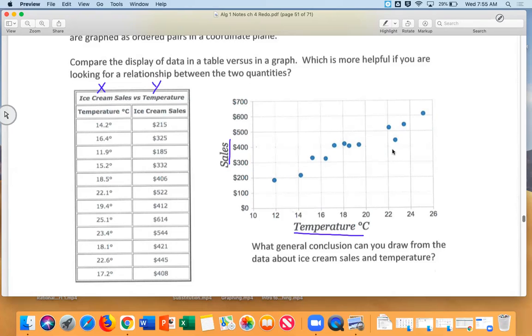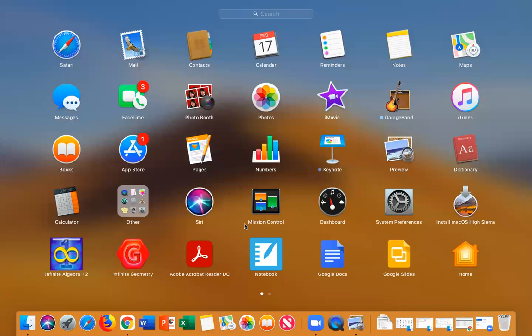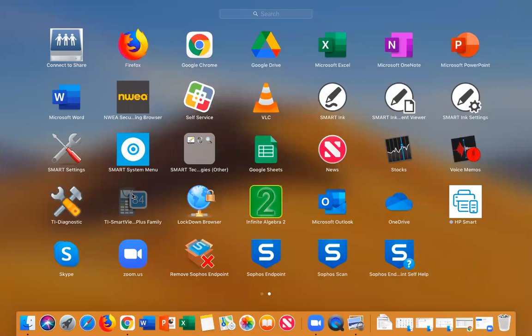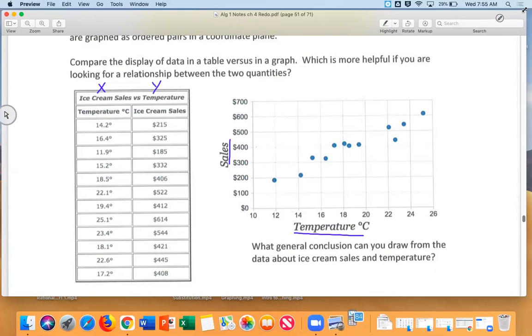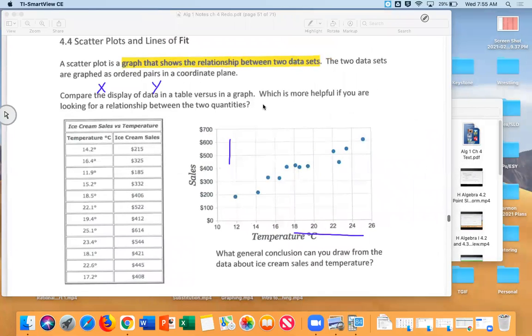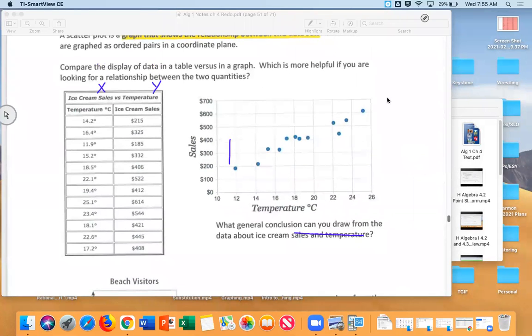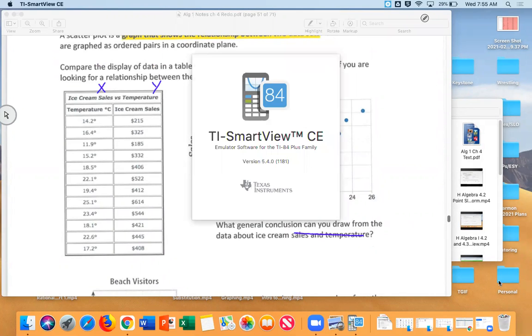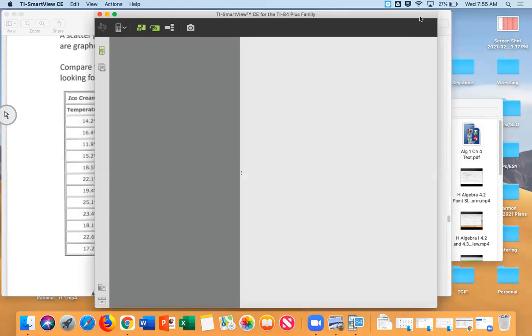Okay, so we are going to get our graphing calculator, and as soon as mine loads up, we're going to put this data in. Let me clear this off.